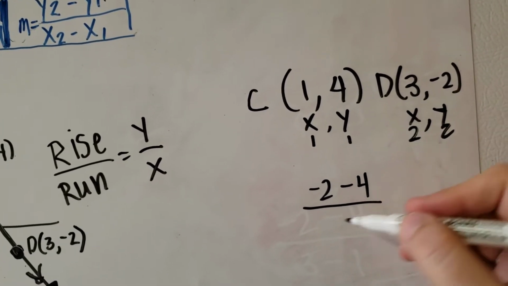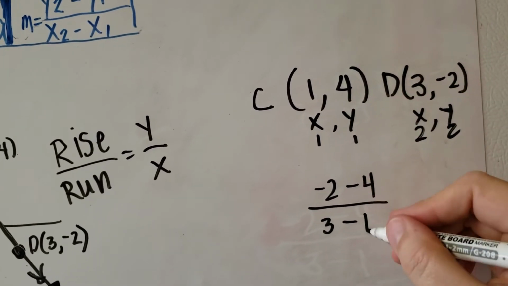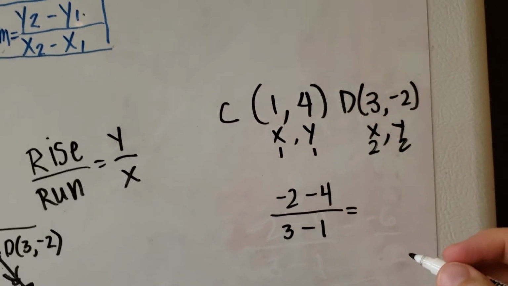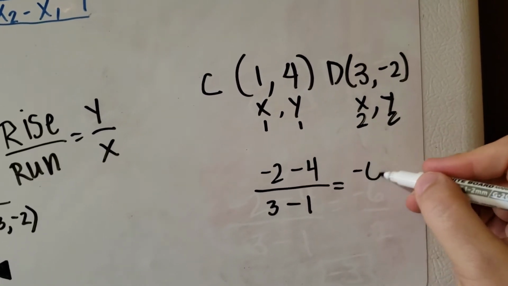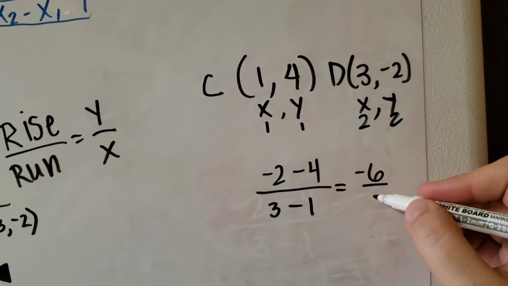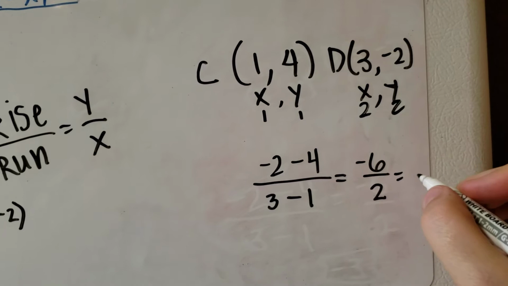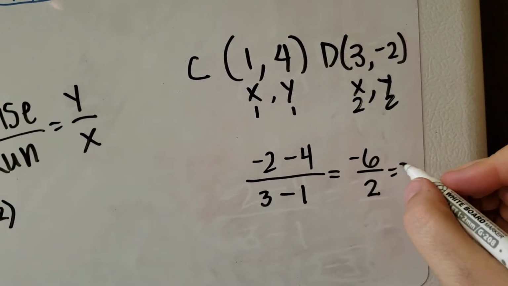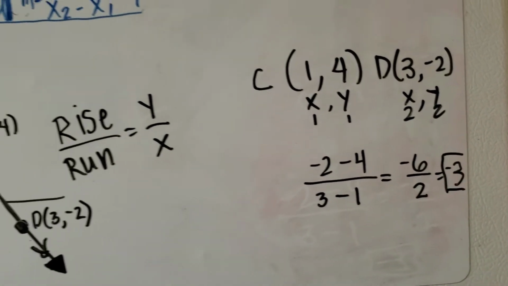So x2 will be 3 minus x1, which is 1. So let's go ahead and do the math here. -2 minus 4 equals -6. Then 3 minus 1 gives us 2. If we finish this out, -6 divided by 2 gives us a -3. And that will be our slope.